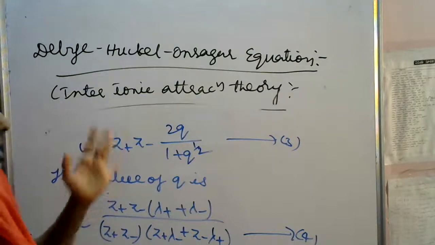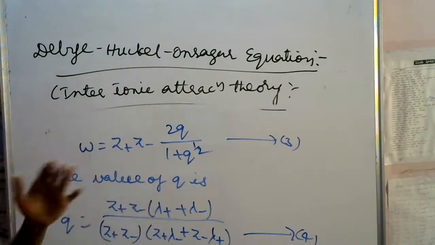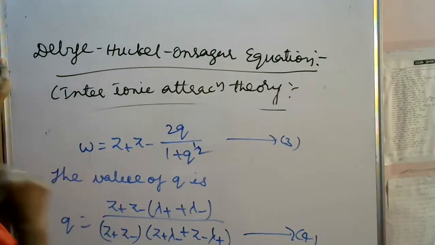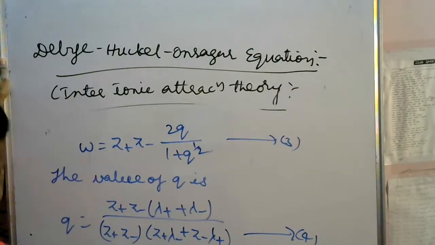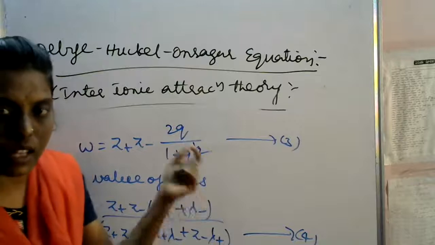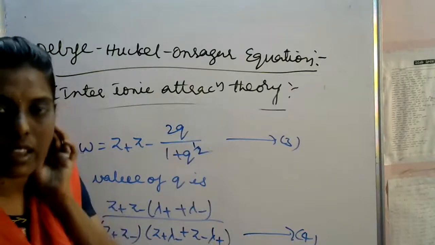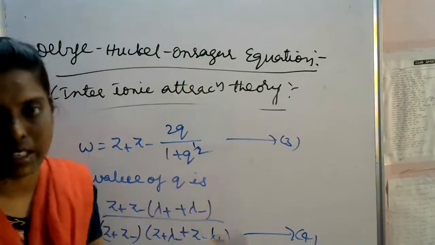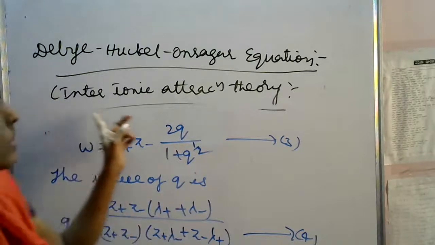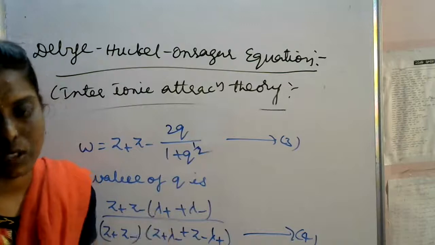Not only that, in the electrophoretic theory, along with solvent molecules, these ions are moved to the opposite electrodes. So that is the main difference between the interionic attraction theory and the electrophoretic theory.